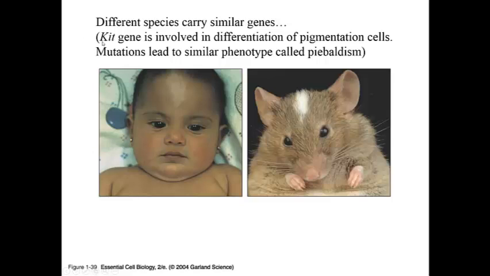In both of these cases, the KIT gene is involved, with mutations in the KIT gene leading to the loss of pigmentation in the skin or in the fur. What we see as a result of the mutation in the gene is called a phenotype, and that's called piebaldism.